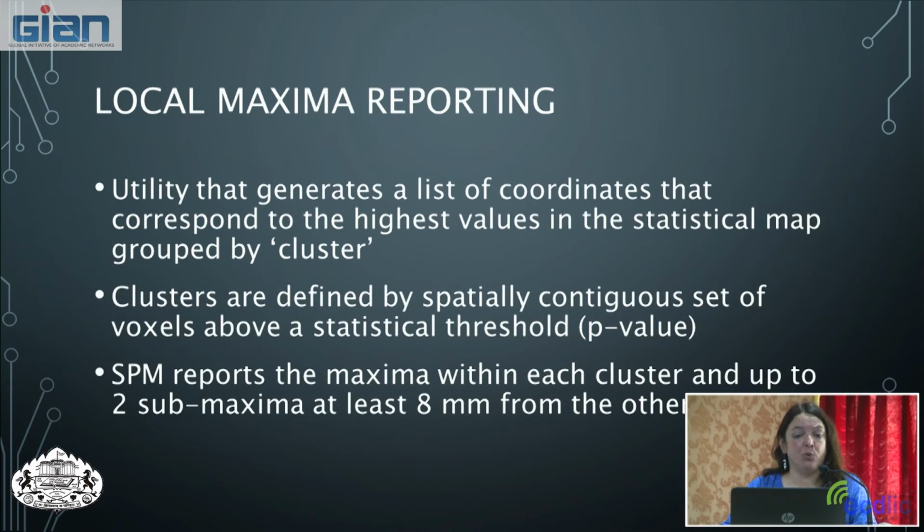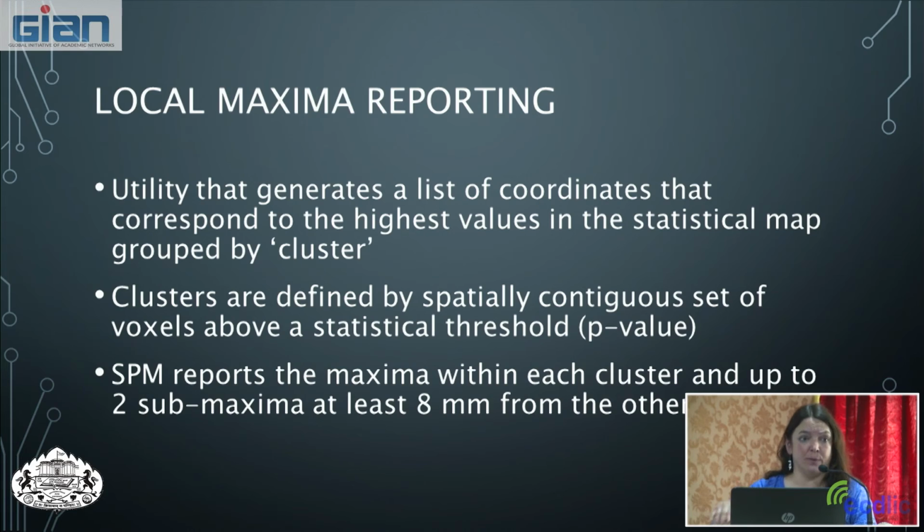One is reporting a local maxima. So say we find a cluster of activation in a particular area of the brain. How we would report this cluster is by finding the peak T value within that cluster, reporting that peak T value and the coordinates of that T value. So we could also define how many voxels are active around that cluster.